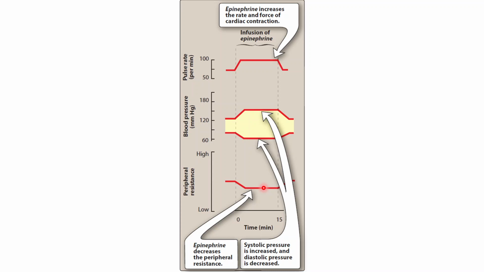Epinephrine also activates beta 1 receptors of the kidney, and that increases the release of renin.